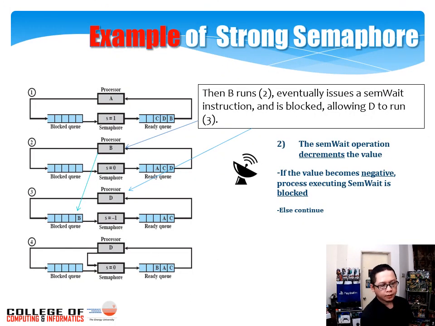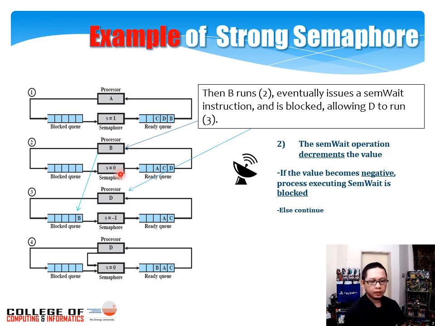Next, after A enters the ready queue, it's time for B to execute. Currently the value for S is 0. So what happens after B issues a SEM wait? Of course, it will decrease the semaphore value from 0 to -1.